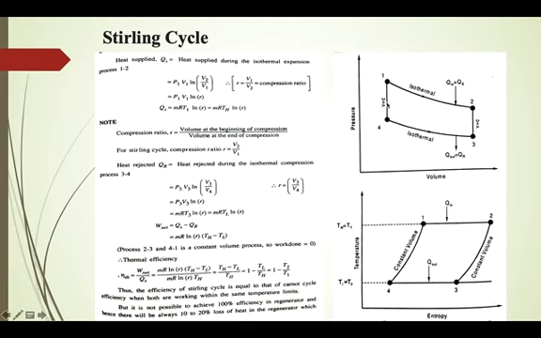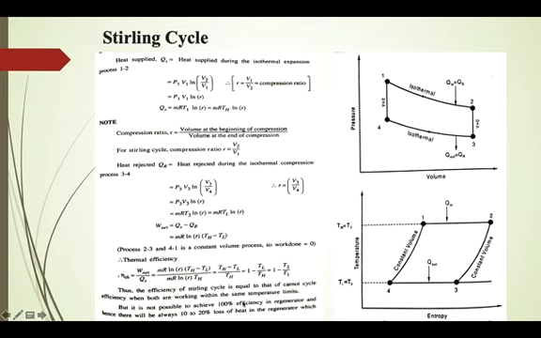Because in both constant volume processes, during one half the heat of the fluid is given to the regenerator, and during the second half the regenerator gives back the heat to the fluid. Now it is impossible to have 100% efficiency for the regenerator, and hence the efficiency of the Stirling cycle will always be less than the efficiency of the Carnot cycle. This inefficiency of the regenerator leads to a reduction in the efficiency of the Stirling cycle.